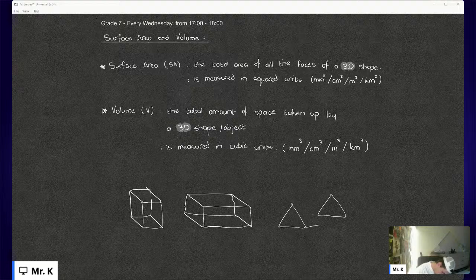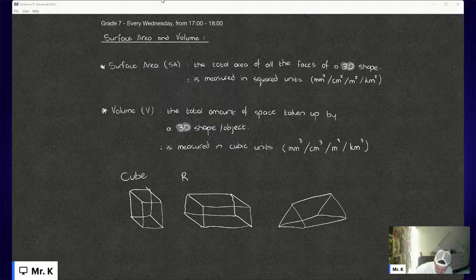So, just as an example, this is what those 3 shapes would look like. Remember, in 3D formats. If we want to calculate the volume of these 3 different shapes, remember the first one is called a cube. This is a rectangular prism.